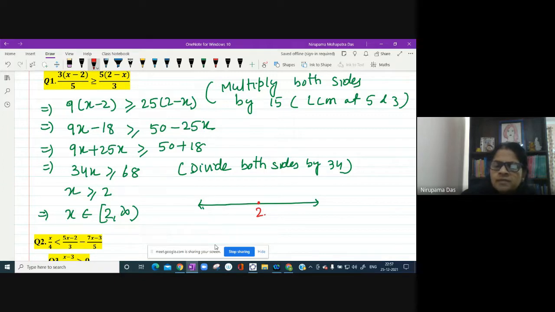So you can see, just step 2 here, greater than or equal to 2, 2 is included, so take a dark circle. It means it is included. Then make the portion to the right of 2 bold because it is greater than 2. So it means x is greater than or equal to 2. Done.